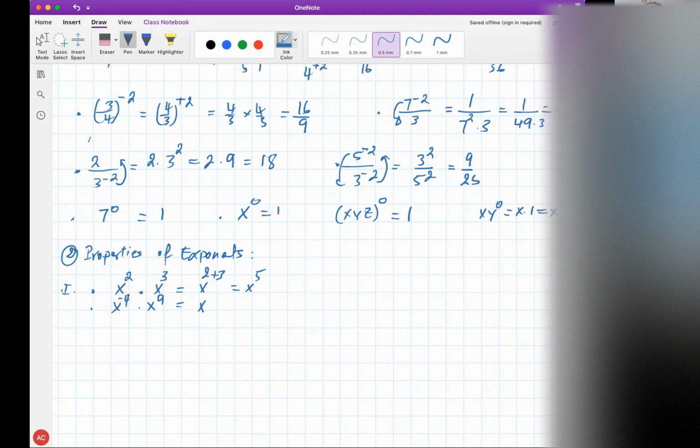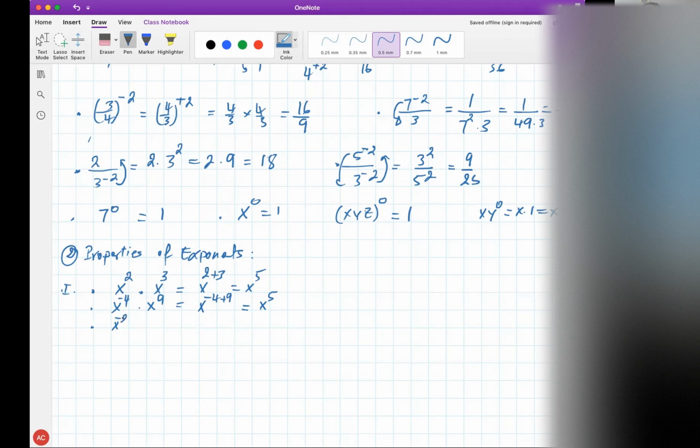So we combine this with this. Basically, add or subtract based on the sign. So -4 plus 9, we just combine the two. So x to the power 5. Again, just combine powers of any signs. Basically, add or subtract based on the signs.